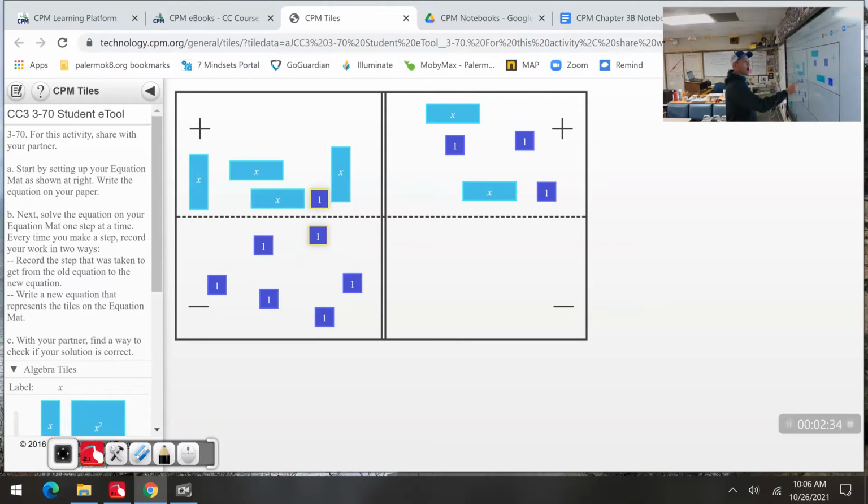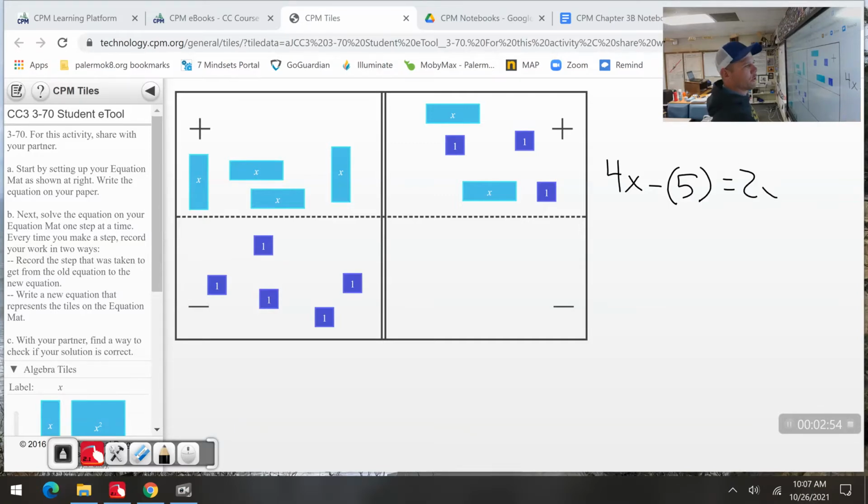These two tiles are opposites because one is off the board. Are there any more zero pairs? No, there are no more zero pairs. So on your paper in the second row, you write what you see: 4x minus parentheses, we now have 5 equals 2x plus 3. Remember, that was a zero pair.